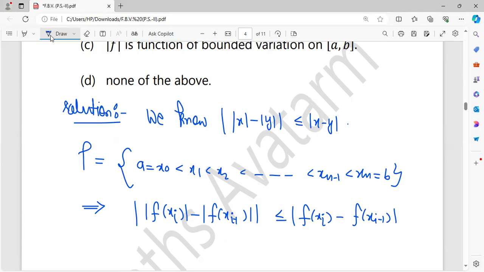So from this I can write like that, with i going from 1 up to n.